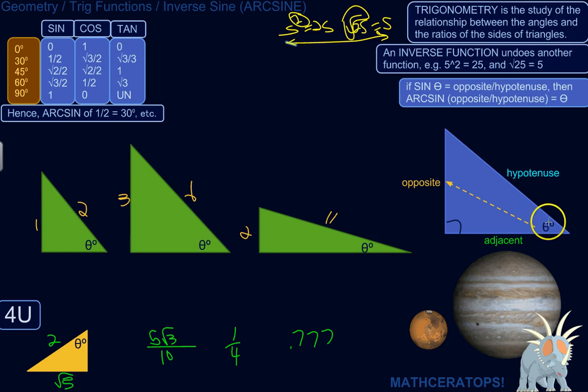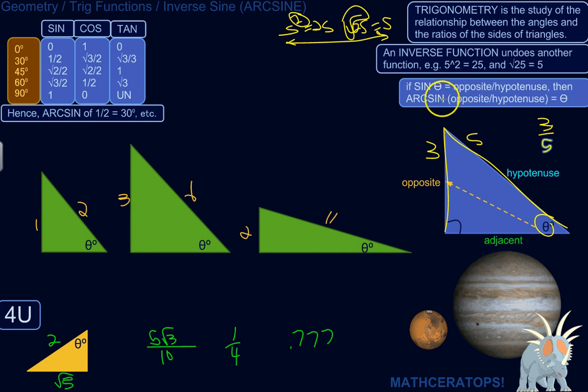For example, if I look at this angle here, theta degrees, sine would be the ratio of the length of the opposite side over the hypotenuse. So if this side length is 3 and this side length is 5, then the sine of this angle is 3/5.